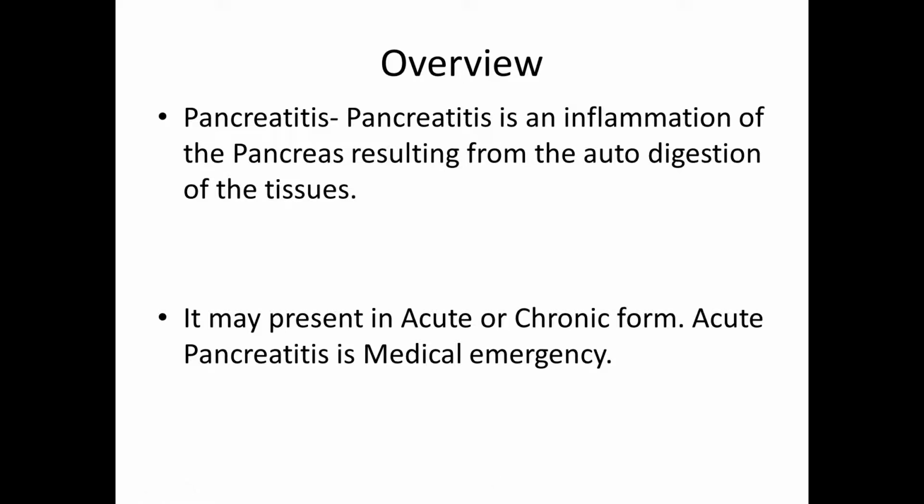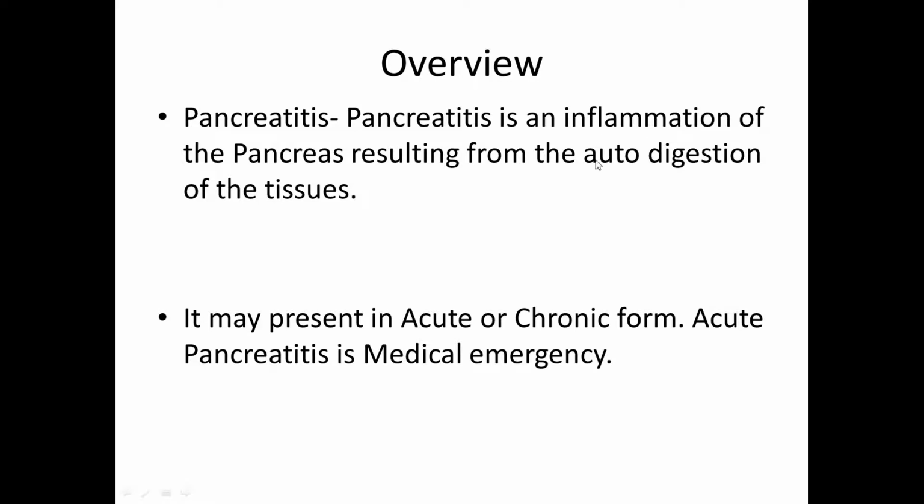Pancreatitis is an inflammation of the pancreas resulting from the autodigestion of its tissue. When we talk about autodigestion of the tissue, we are referring to when the tissue within the pancreas starts to get destroyed by the enzymes produced within the pancreas.